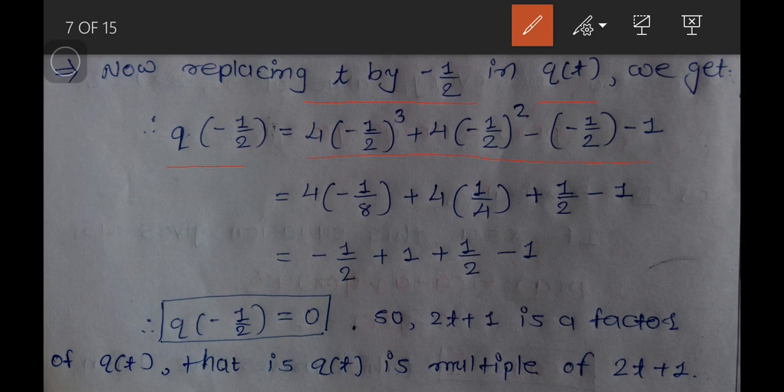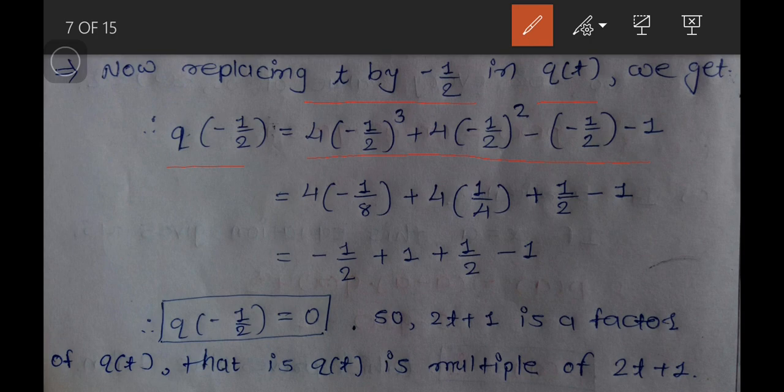Any odd exponent always gives a minus sign, and for any minus value, an even exponent makes it positive.